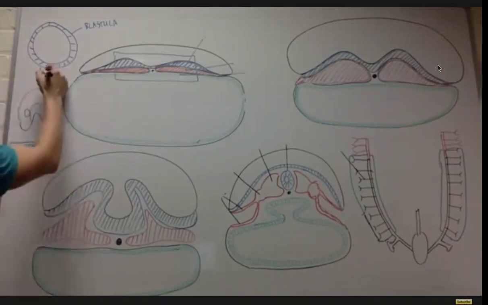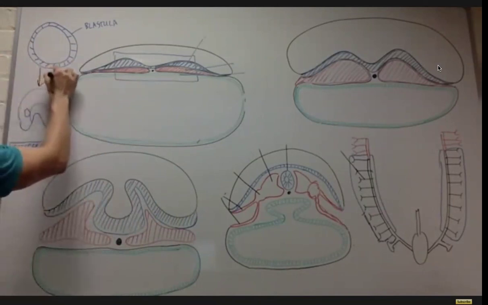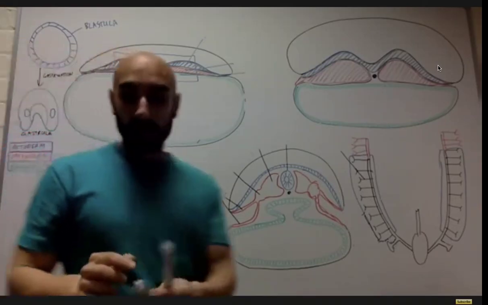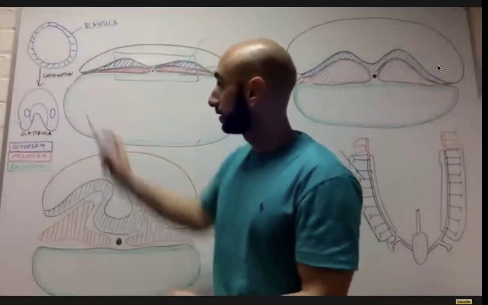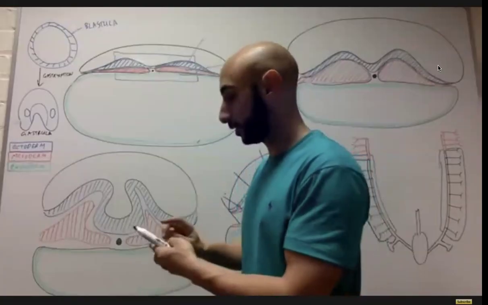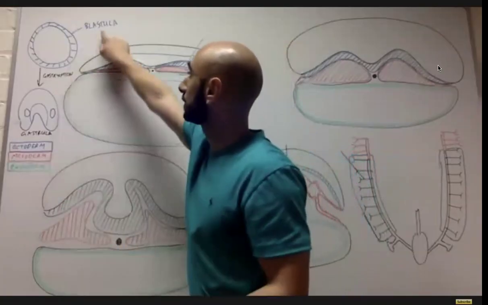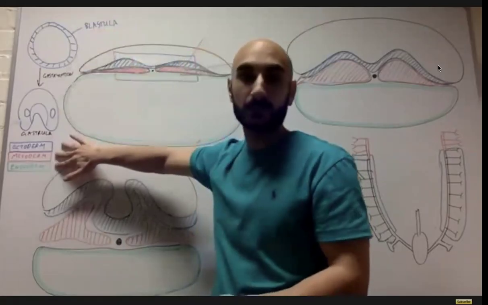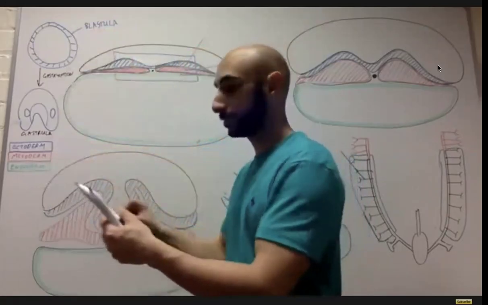So, through a process of gastrulation, we get a gastrula. And essentially, the gastrula is made up of the ectoderm, the mesoderm, and the endoderm. So the process of gastrulation from the blastula gives us these three layers we are so exposed to.